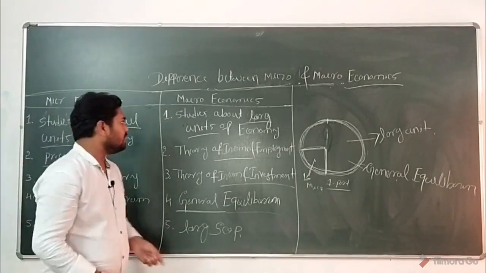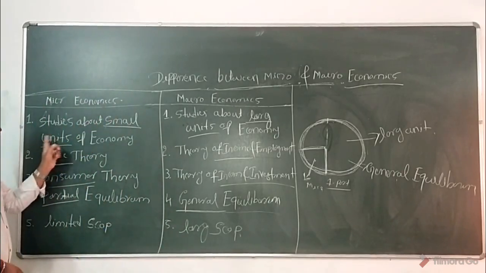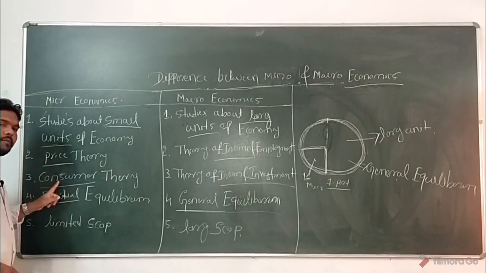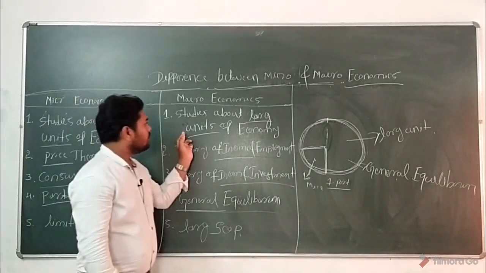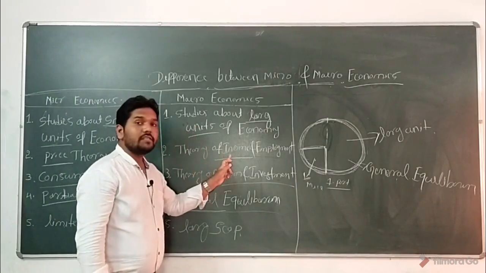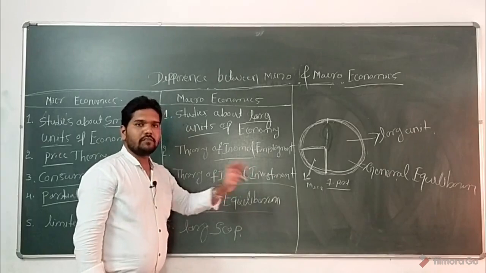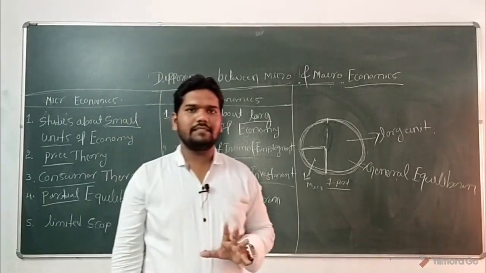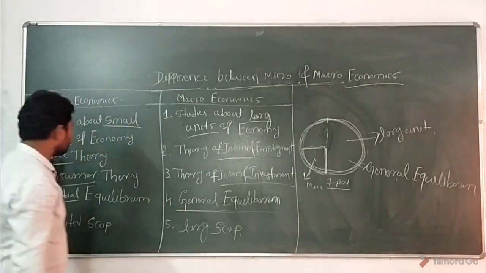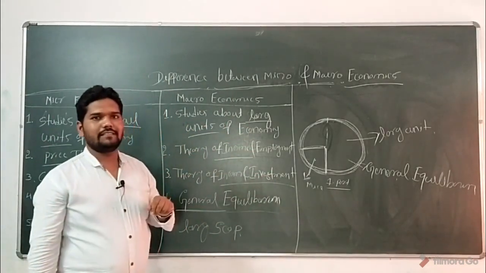Price is a small unit, consumer is small, partial is small. Income is a large unit, investment is large, and general equilibrium is a big unit.